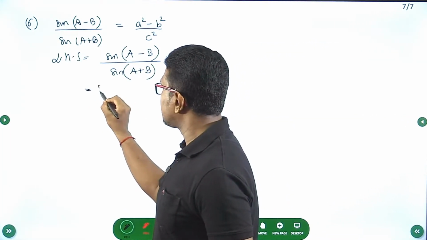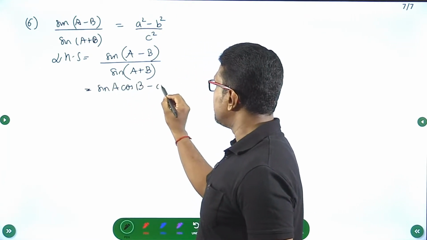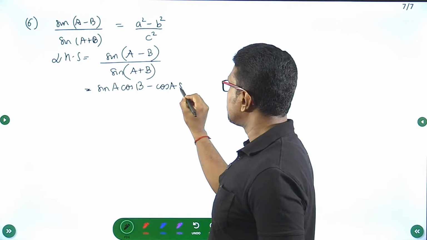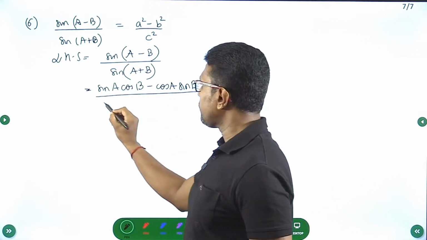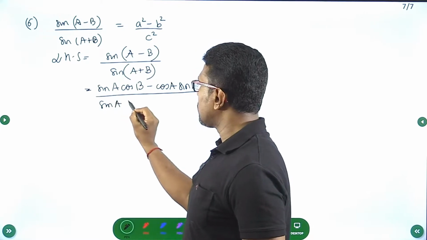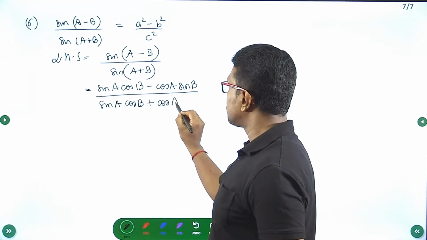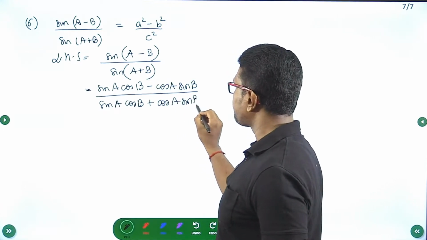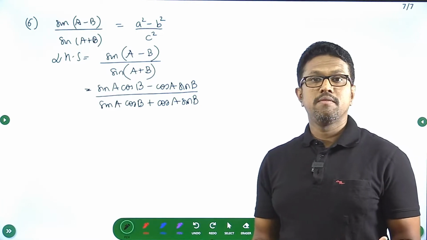So I can say this is sine a cos b minus cos a sine b, and this will be sine a cos b plus cos a sine b. Now wherever I see sine, I will apply the sine rule.